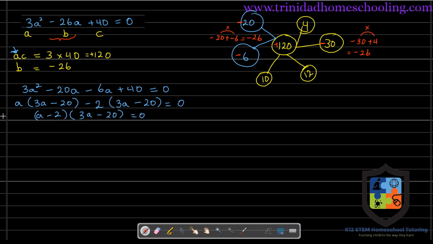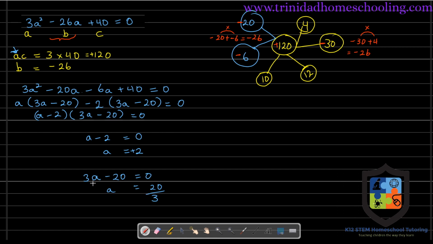Now let's solve for a. In order for a minus 2 to be equal to 0, a must be equal to positive 2. For 3a minus 20 to be equal to 0, a must be equal to 20 divided by 3.